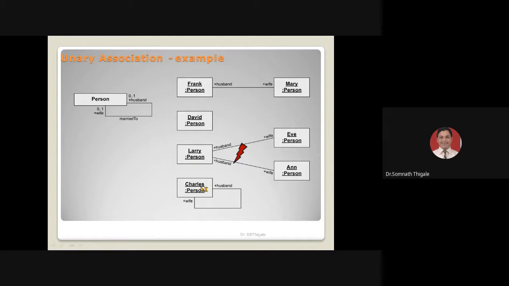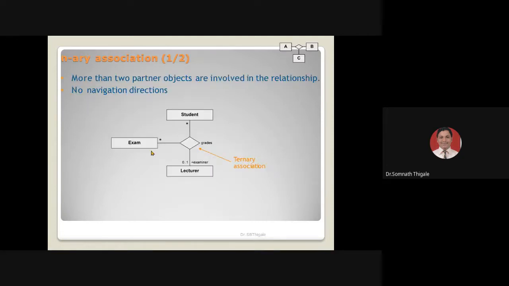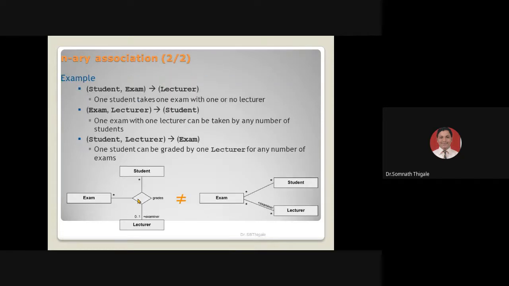So child, listen, I have just represented person married to. You can understand this. This unary association means more than one relationship. So inside this, exam and student, you can understand this, their types, the way they will execute.